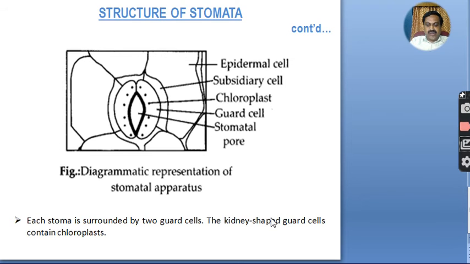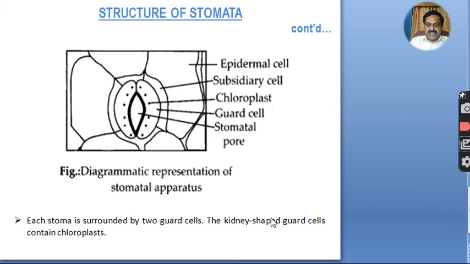Some of the special features of guard cells: first, the shape of the guard cell itself, dumbbell shaped in monocots and bean or kidney shaped in dicots. Second, the unevenly thickened cell wall. Third, the presence of a number of chloroplasts in the cytoplasm.